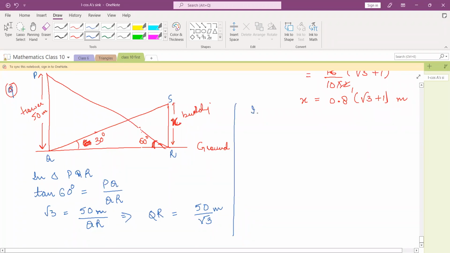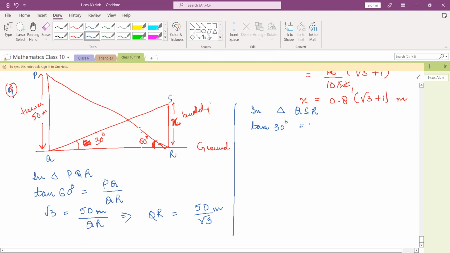Now come to another triangle. So in triangle QSR, okay, again take tan. So tan of 30 degree is perpendicular upon base. Perpendicular is which side, Sarah? See, tan 30 is perpendicular upon base.